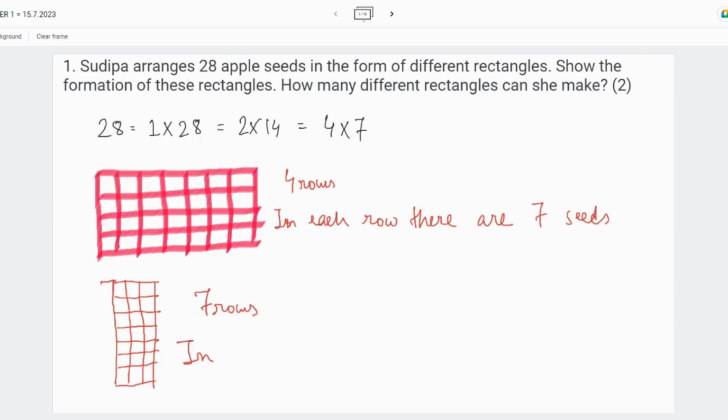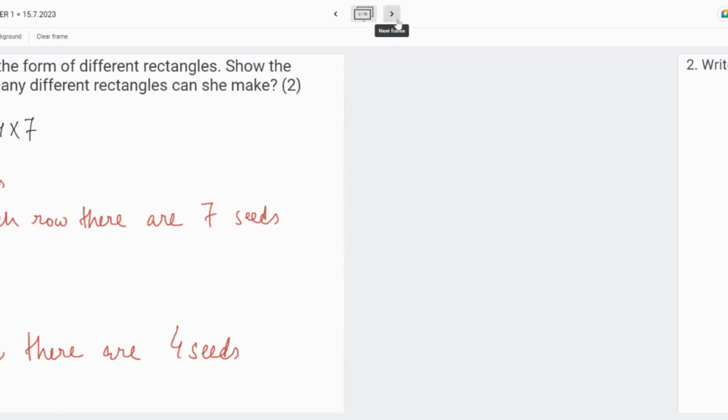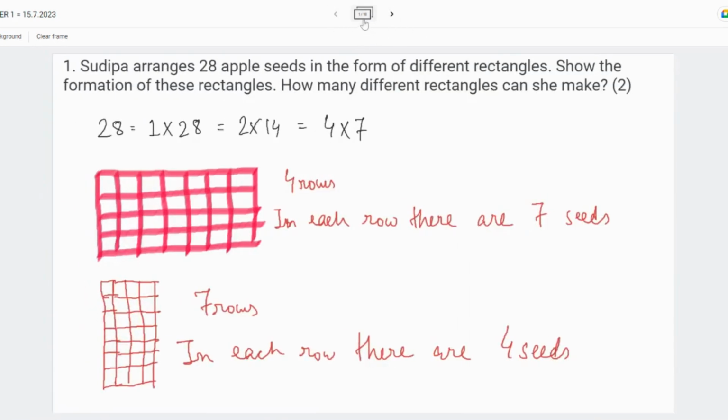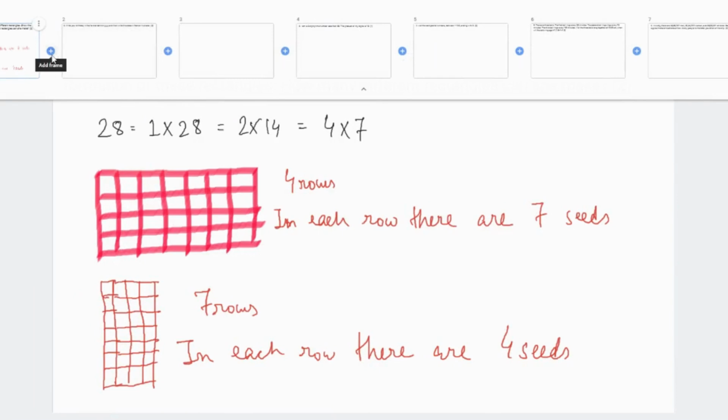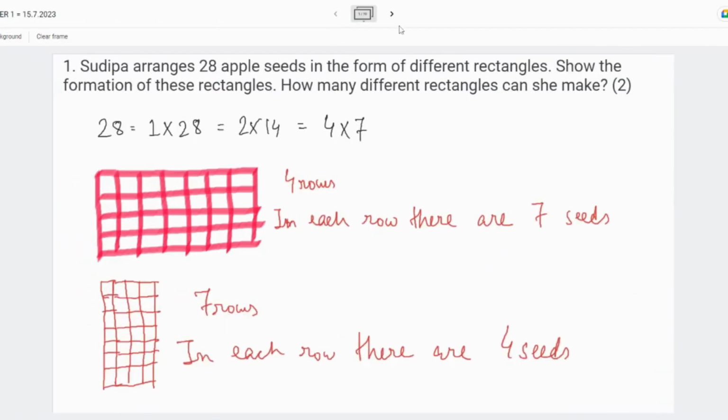Okay, so 7 rows, 1 column was less, so I added it. There are 7 rows and 4 columns, and in each row there are 4 seeds. I need to add a page over here to finish the sum, so I added a page.